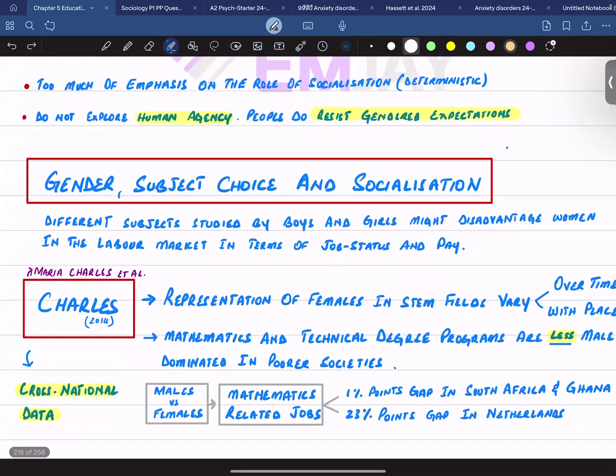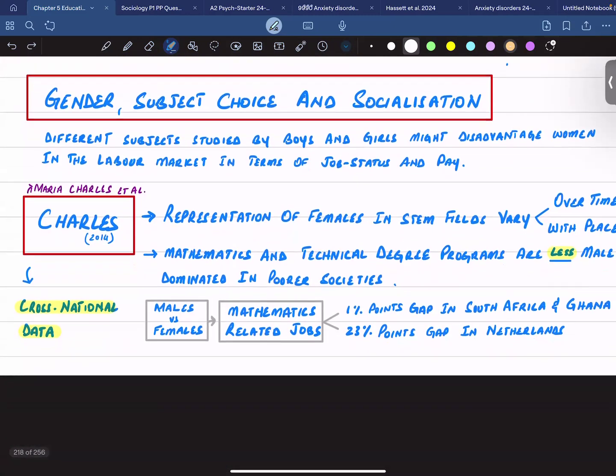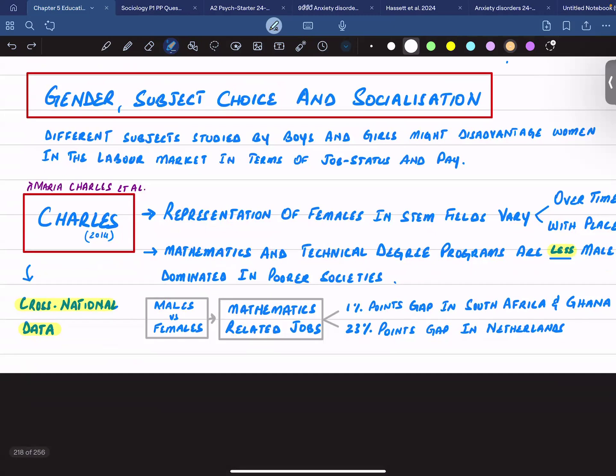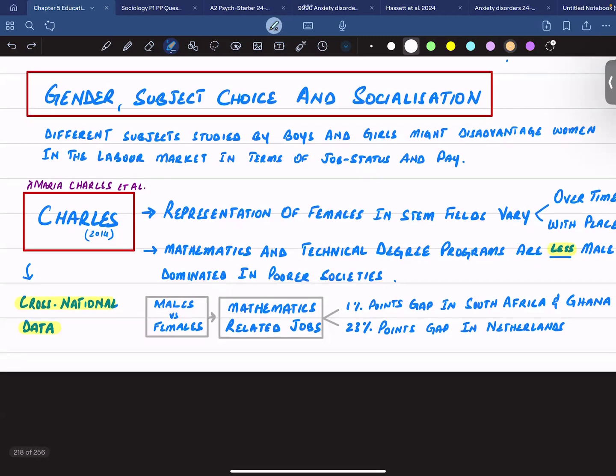Now, if I may take this a little further, and we speak about gender, subject choice, and socialization. Yes, we're talking about how male students, as compared to female students, show preference towards different subjects. There's a possibility that they're showing preference towards one subject and not another, probably because they've been socialized to do so, probably because they've been conditioned to do so, probably they've been made to believe that that's the right choice for them.